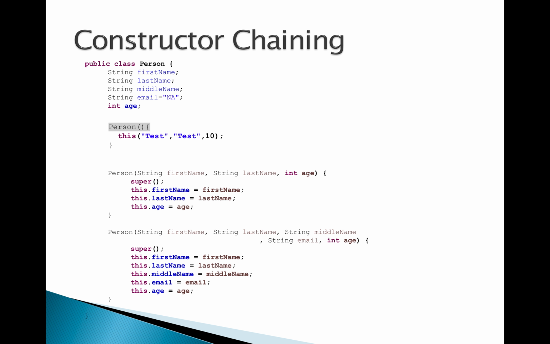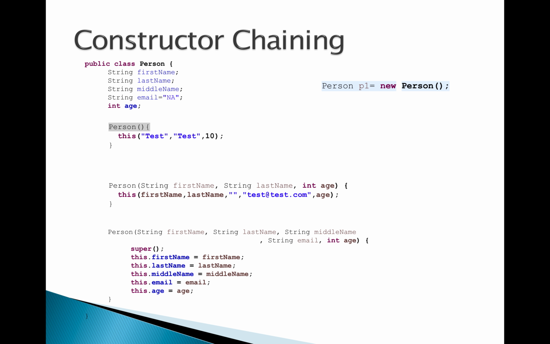Again, the 5 argument constructor has all the 3 statements that we had for the 3 argument constructor, so we can use one this() there also. Even now if I create Person p1 equal to new Person(), it is going to call this("test", "test", 10), which means it is going to call the Person constructor with 3 arguments, and that creates the object with first name test, last name test and age 10.